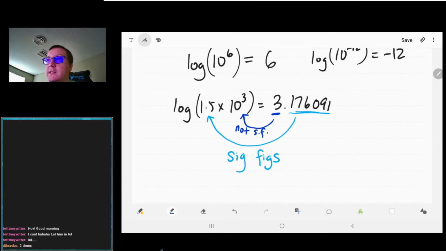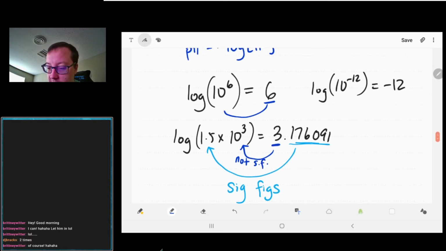We do not worry about sig figs for the number before the decimal here for our logarithm. So this was, I think, on one of your first worksheets in the class, 300 years ago, where we talked about sig figs. We're going to see that the number or numbers before the decimal place in a logarithm do not count for sig figs, because those numbers just come from the exponent part.